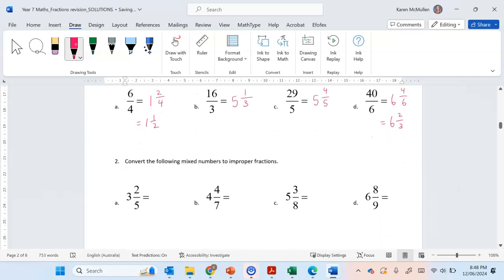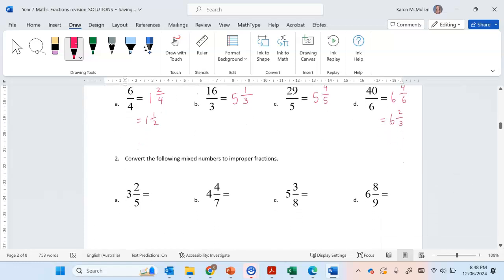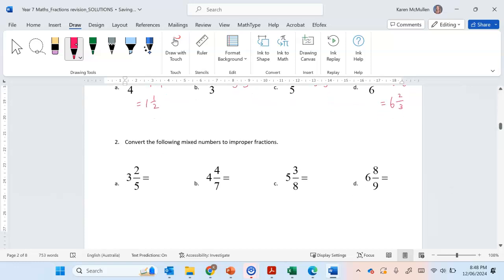All right, now going the other way, we're pretty much doing the same thing, but backwards. So we can think of this number 3 as the same as if we're writing it with a denominator of 5. It's the same as 15/5.